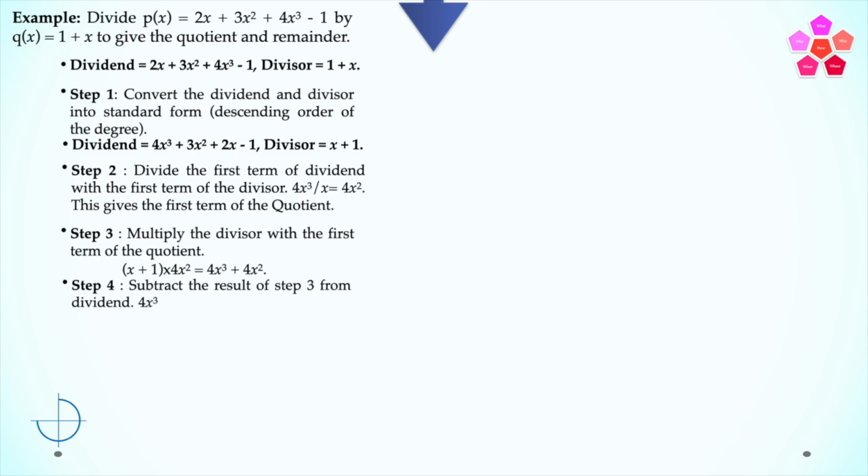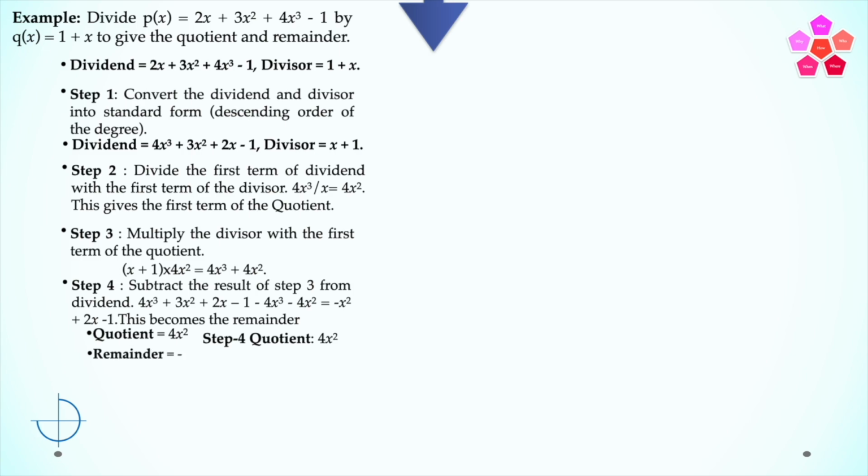That is 4x cubed plus 3x squared plus 2x minus 1 minus 4x cubed minus 4x squared is equal to minus x squared plus 2x minus 1. This becomes the remainder. So the quotient so far is 4x squared, but the remainder is minus x squared plus 2x minus 1.